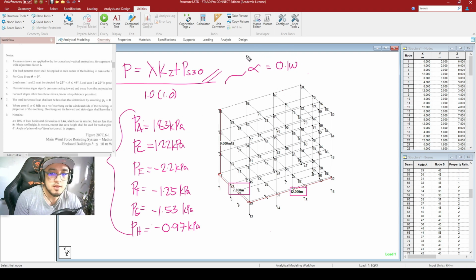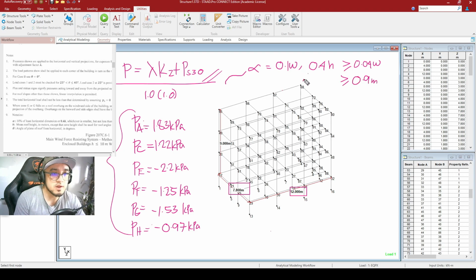So 0.1 times the least horizontal dimension or 0.4 times the height of the building, whichever is smaller. And that it should be greater than or equal to 4%, or 0.04, of your least horizontal dimension, and 0.9 meters.